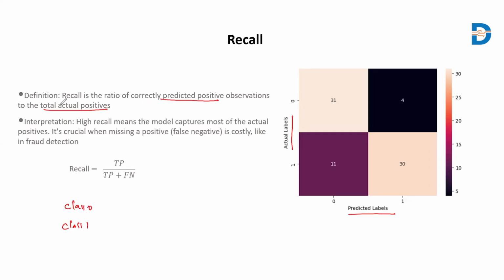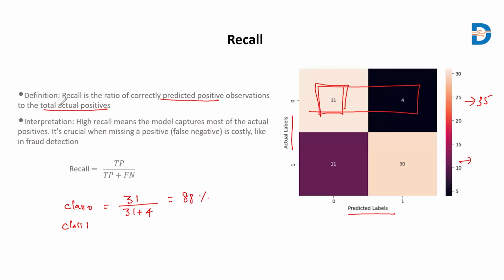Among class 0, there are actually 35 people who do not have heart disease. Our model has predicted that 31 people do not have heart disease. So it would be 31 divided by 31 plus 4, that is 31 divided by 35, which is 0.88. So we'll take it as 88%.